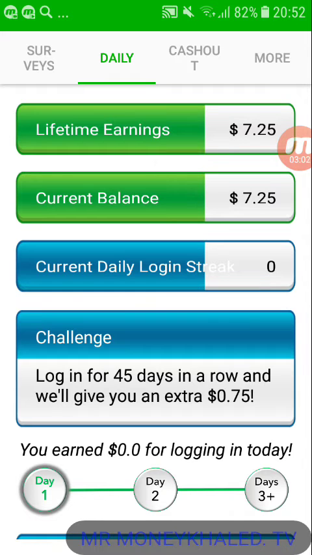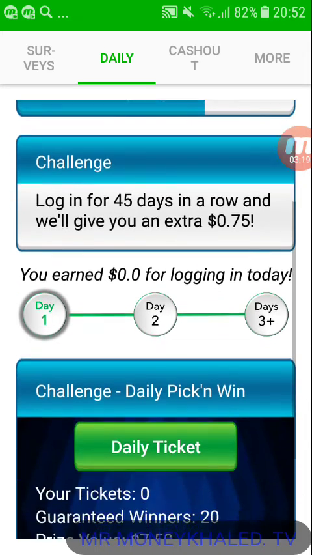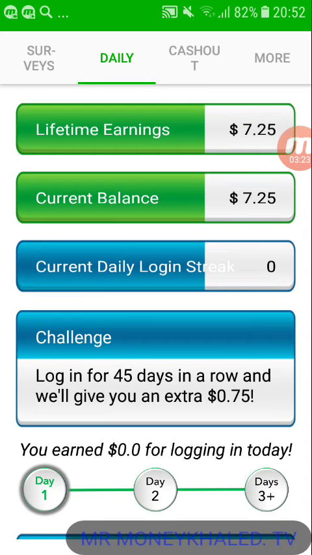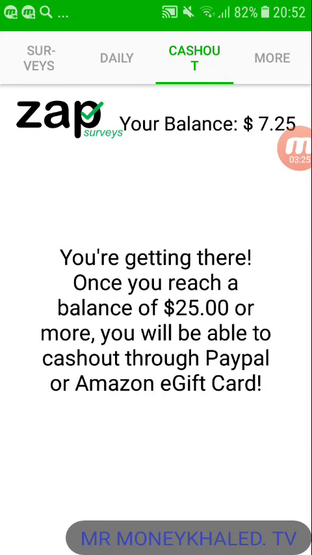When you are taking surveys and doing a lot of things, they will give you this money after 45 days. You earn 0 for logging in today. So they didn't pay you anything for logging in today. Maybe tomorrow they will throw you some cash.